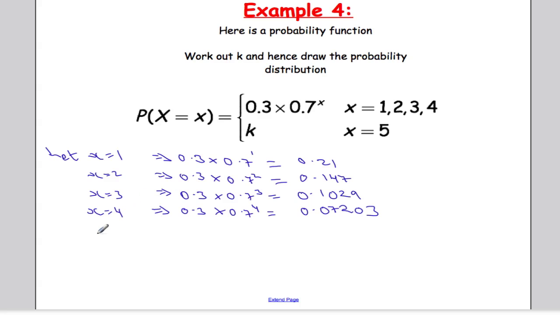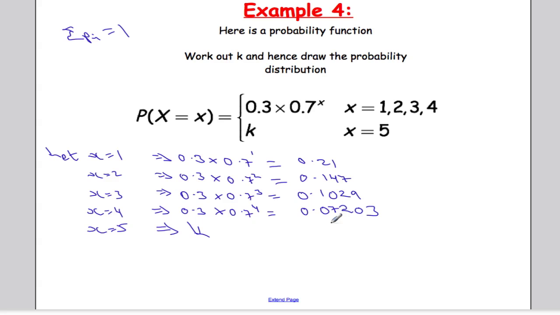Okay, and when x equals 5, we get k. So when x is 5, the answer is k. Now I need to work out k, and remembering that the sum of the probabilities must add to 1.